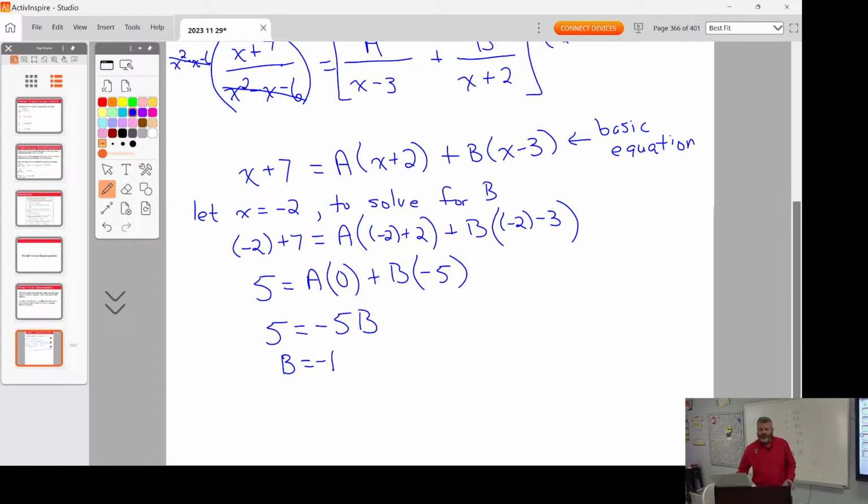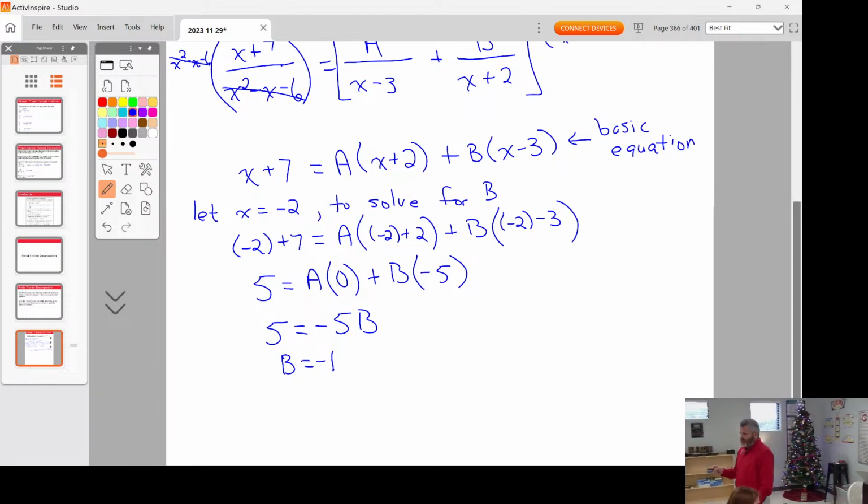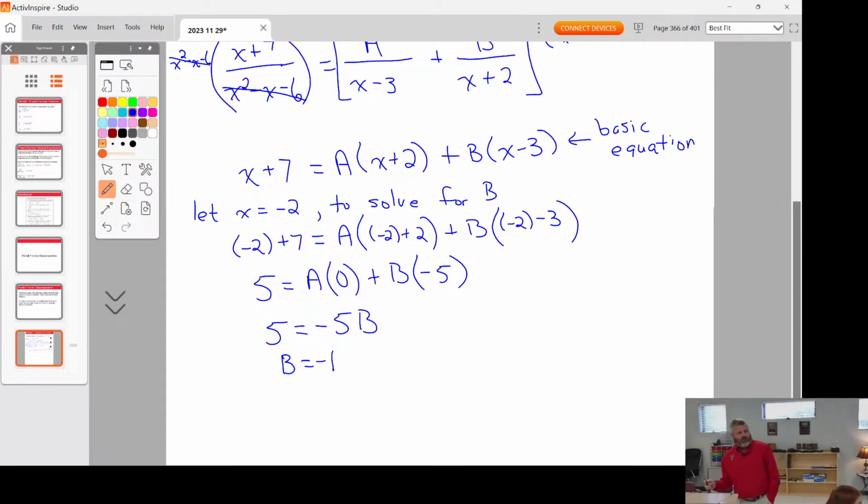Yeah, but you're going to need an x value. Right? X is 3. What do you mean, Tanya? Oh, that like x would be 3 now. Okay, let x equal 3.